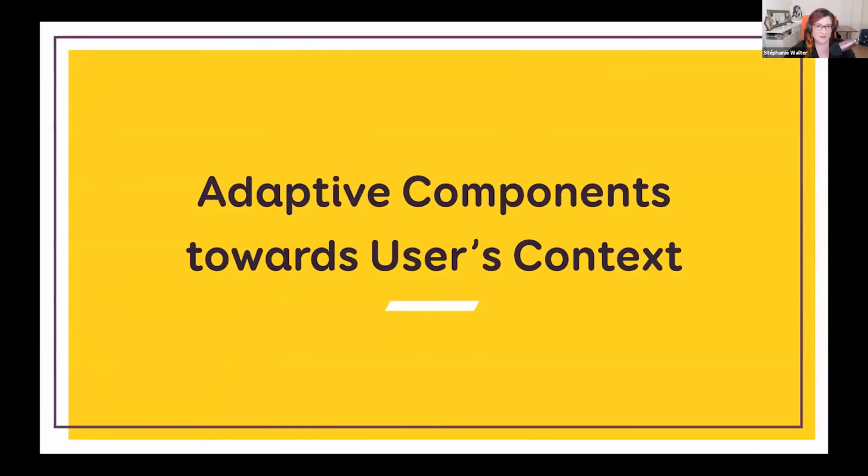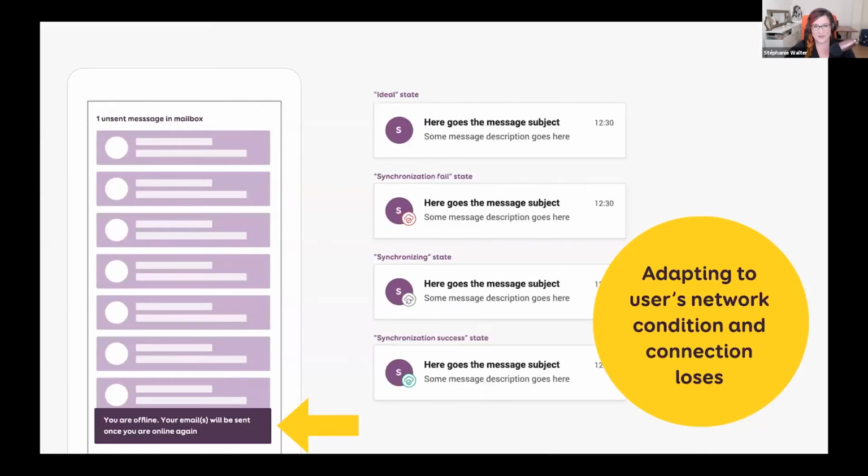Then the last thing I want to talk about is how much we adapt components to user context. User context can be a lot of different things. For instance, at some point our user might not have any connection, and we might have to deal with connection loss. So our component might need to adapt to that.